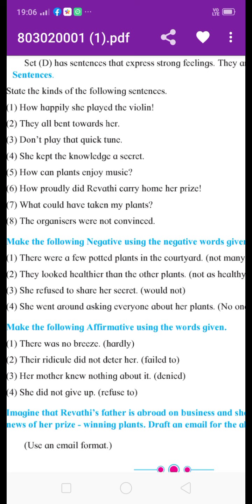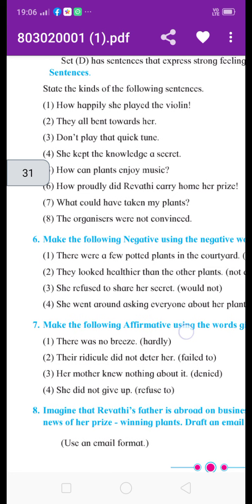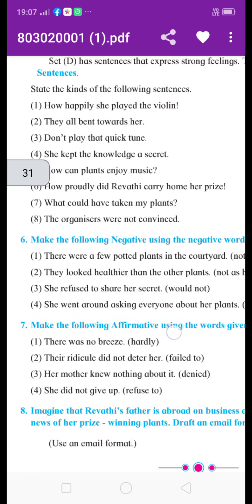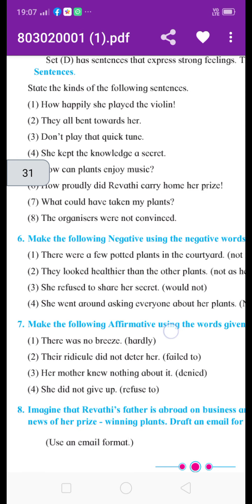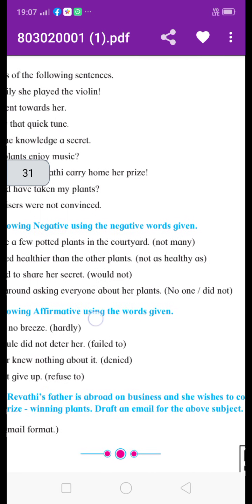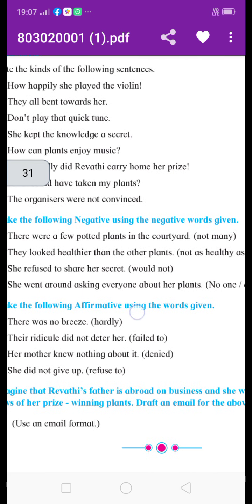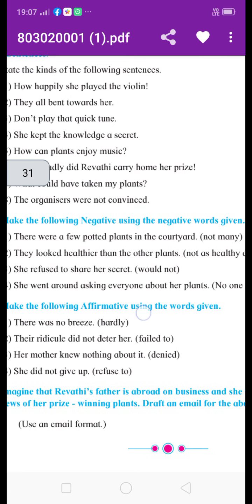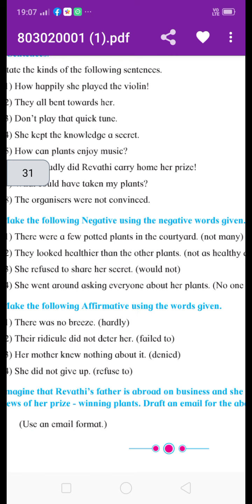Then words like hardly, little, avoid, keep aloof can also be used to transform a negative sentence into affirmative. Here these words are also given in brackets. For example, there were a few potted plants in the courtyard. With the help of 'not many', we have to change this sentence.